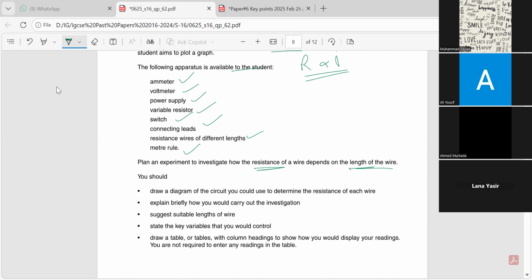So length is the independent variable. And because of the change in length, the resistance will change. So resistance is the dependent variable.